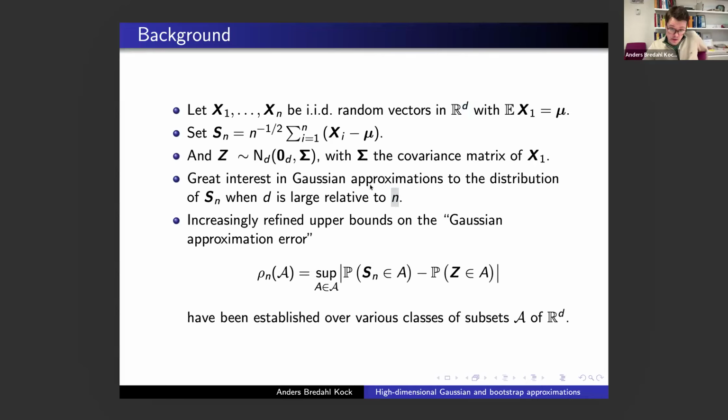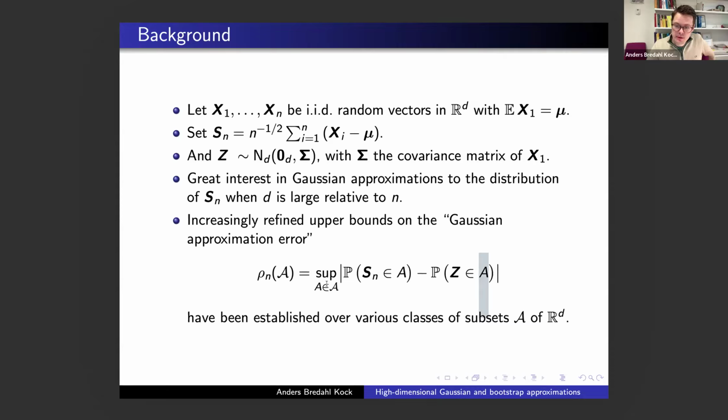In particular, increasingly refined upper bounds have been established on the Gaussian approximation error over various classes of sets. So you consider the probability of Sn, your properly scaled and centered sum, falling within a certain set, and compare that to the probability of a normal distribution with a mean of 0 and the same covariance matrix as x1 falling within that set.